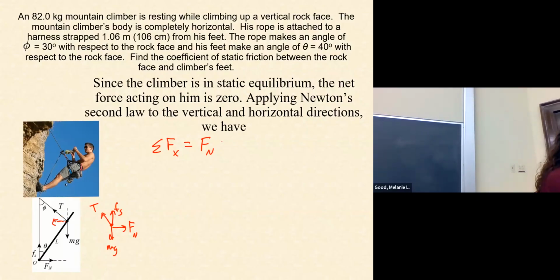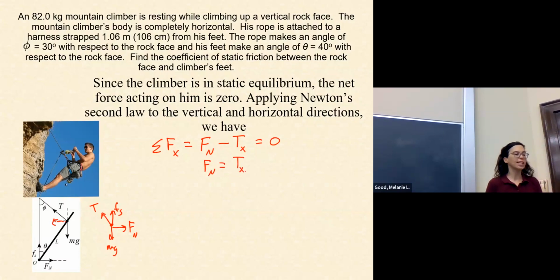And so I've got to subtract that off since it's pointing in the negative x direction, negative tension in the x direction. Okay? That all has to add up to 0, which means then that the normal force has to equal this component of the tension in the x direction. Let's see if we can figure out what that component is.